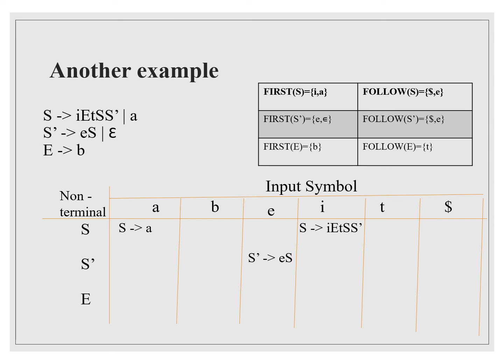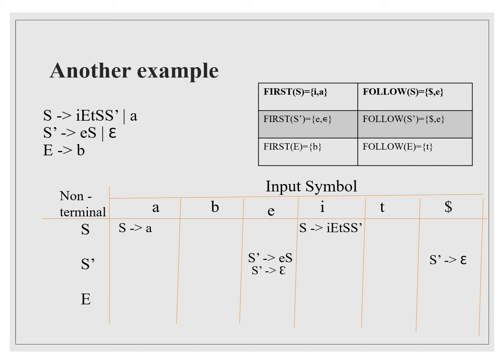And what about epsilon? S dash derives epsilon, where do we place it? We have to find the follow of S dash. What is follow of S dash? It is dollar comma e. In the column entries dollar and e, we place S dash derives epsilon. Fine.